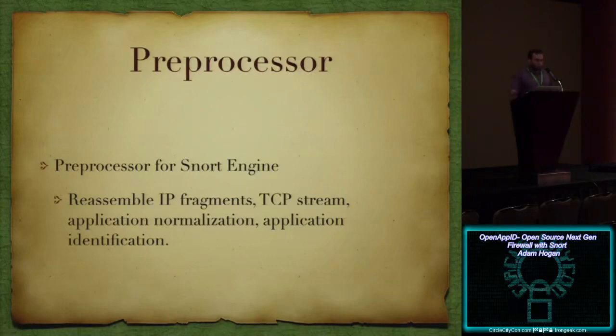The requirement is that you also have to be running the preprocessors for reassembling IP fragments, for TCP streams, and then whatever application normalization you want to do. So if you want to identify web applications, you have to be running the HTTP preprocessor to do that kind of normalization. That's not a real big prerequisite because those are all built into the default Snort configurations, right? So that's not even an extra step.